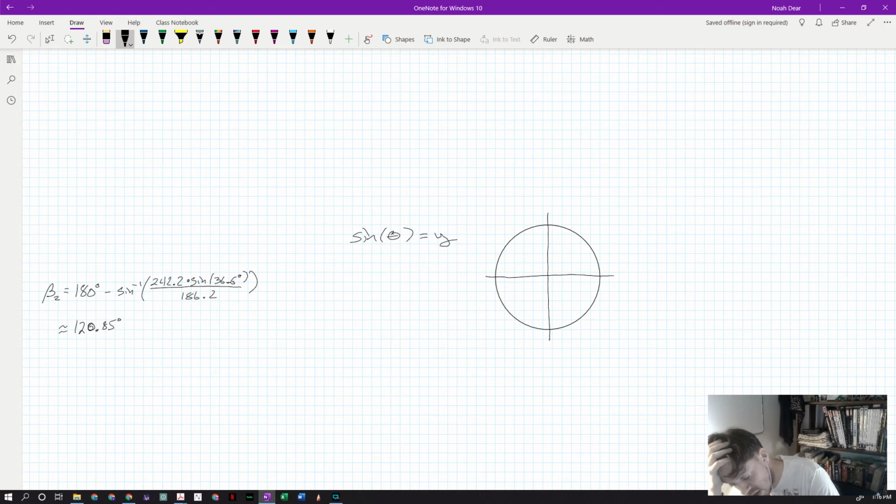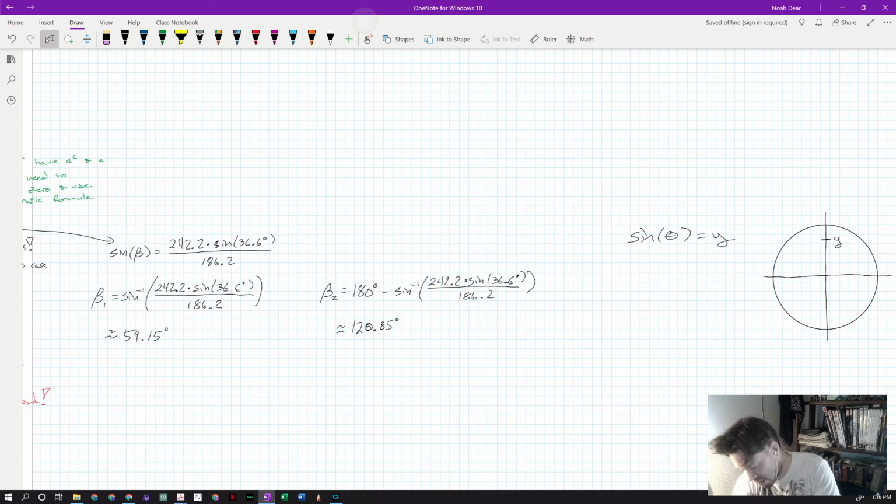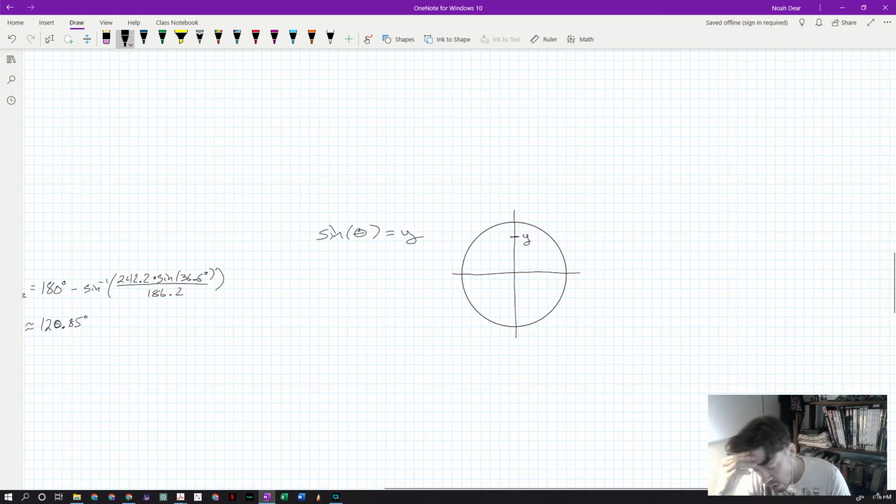Let's just say it's acute, and this is the y value that we're talking about. Here, this would be the y value on the unit circle, and then we're looking for the angle beta. So we would go left and right of that, and we would see that this is one answer in the first quadrant, theta 1, and this point over here, straight to the left of that y value, this would be theta 2.